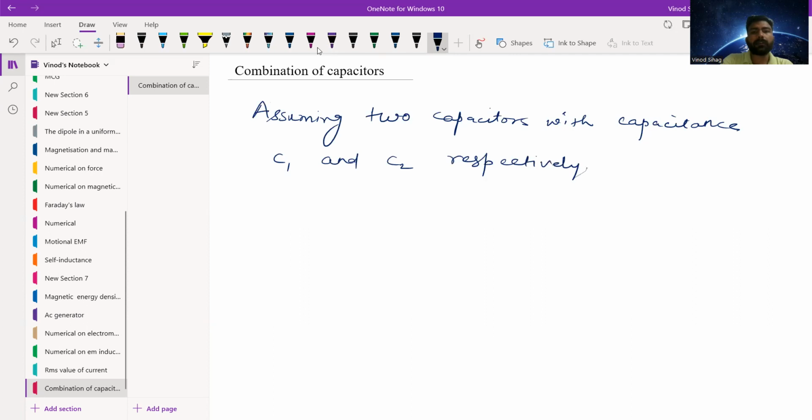These are the capacitance of the capacitors. So first of all, we'll start with series connection.